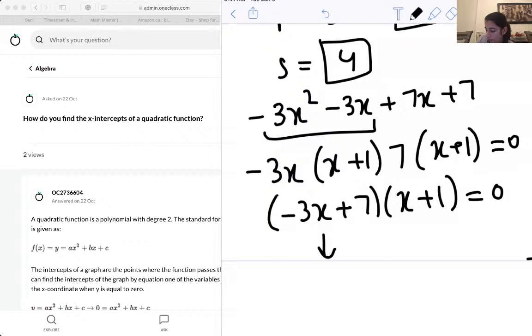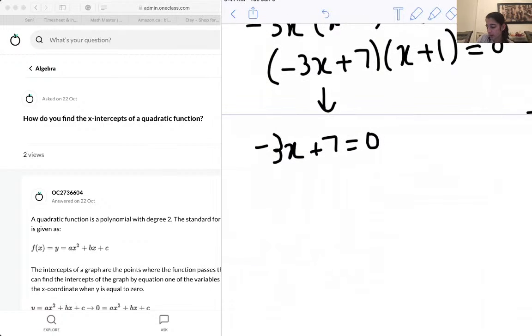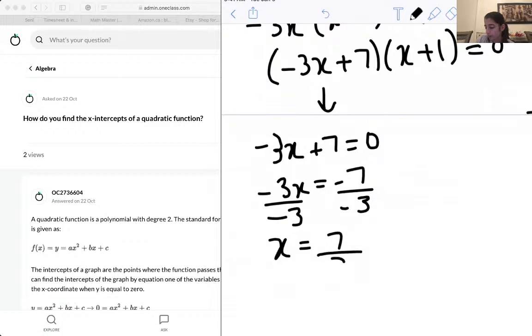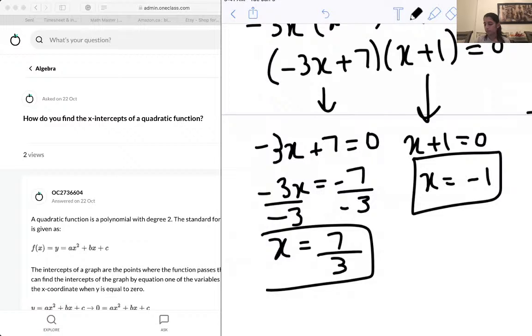So negative 3x plus 7 equals 0. You can isolate for x. Negative 3x equals negative 7. Divide each side by negative 3. x equals 7 over 3. That's our first x-intercept. And x plus 1 equals 0, so that's negative 1. So those are our two x-coordinates for that function.